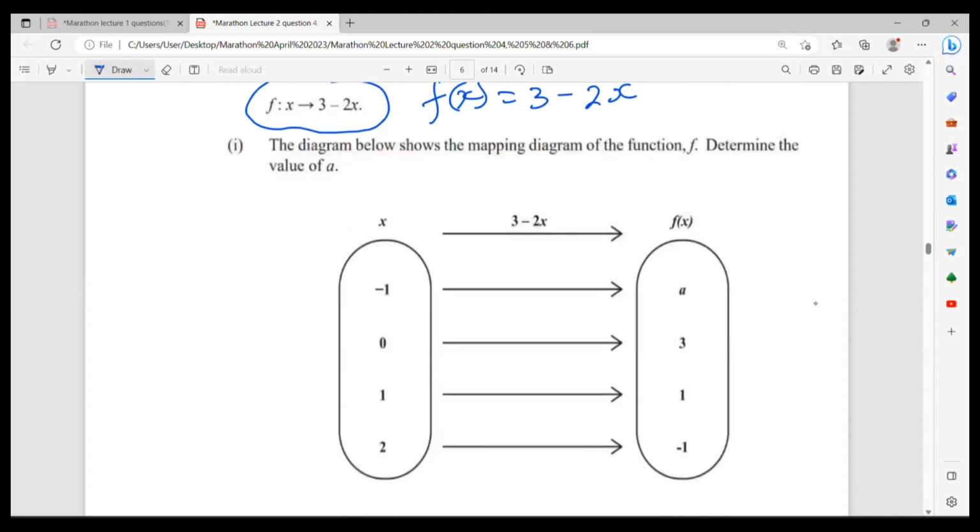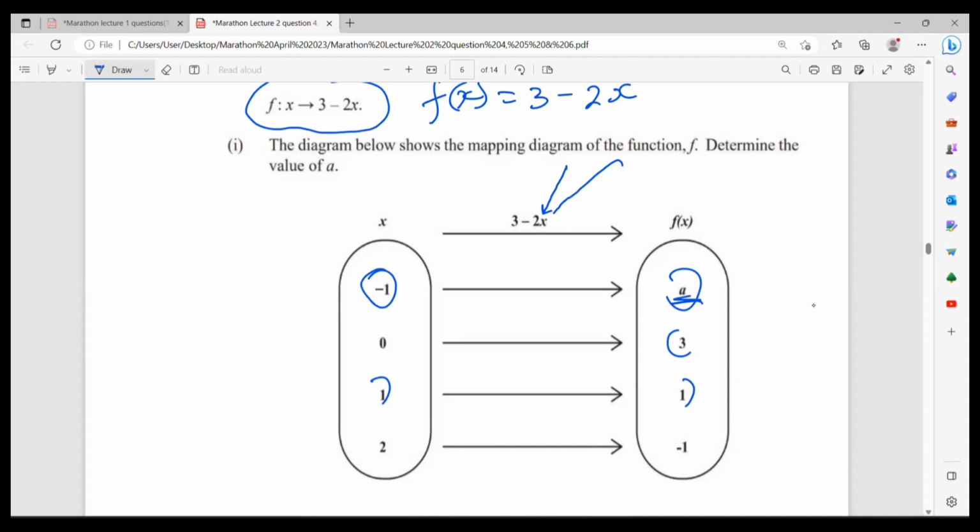Now you look for yourself. Determine the value of a. They're testing to see if you understand. This is saying that when 0 was placed here, you work it out and get 3. When 1 was placed here, you work it out and get 1. So what you need to do is put in -1 and tell what a is.